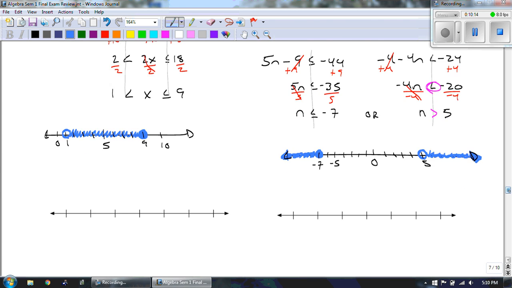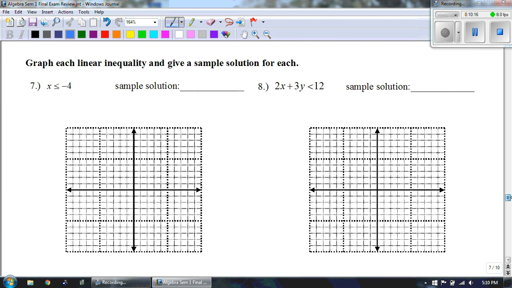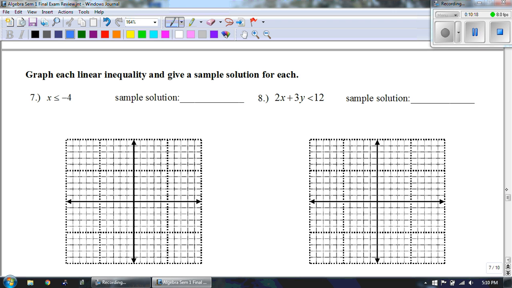Okay, let's go ahead and flip it over. Number 7 is saying to graph each linear inequality and give a sample solution for each. So what I notice for number 7 is that the x is by itself, and when the x is by itself, it's a vertical line.